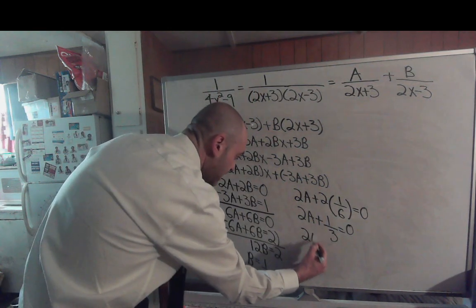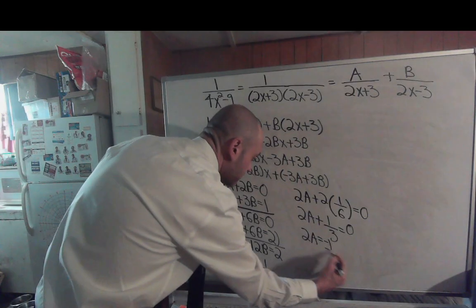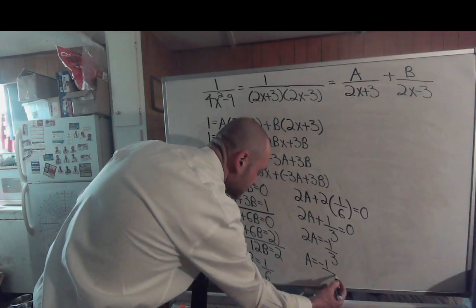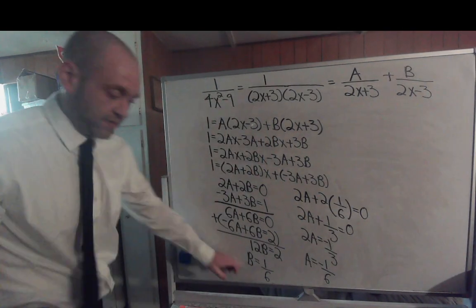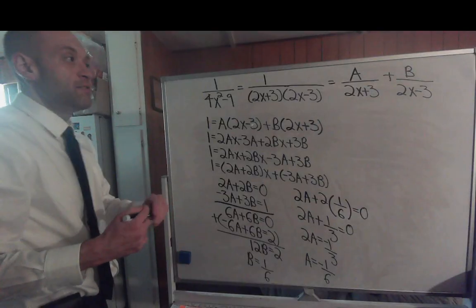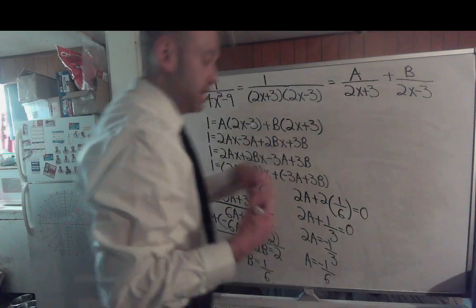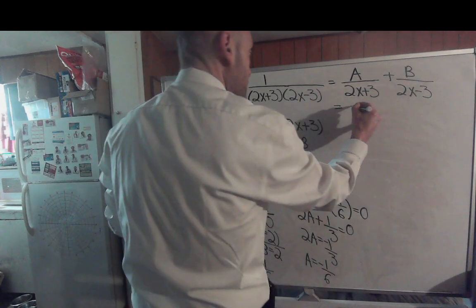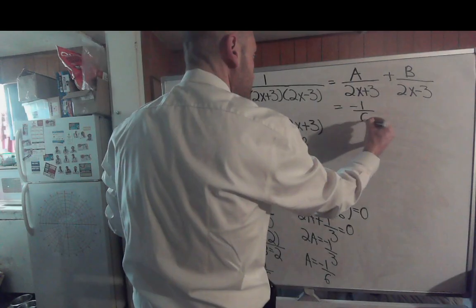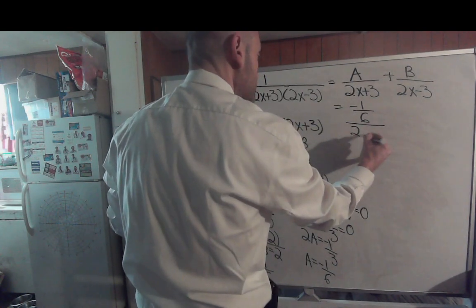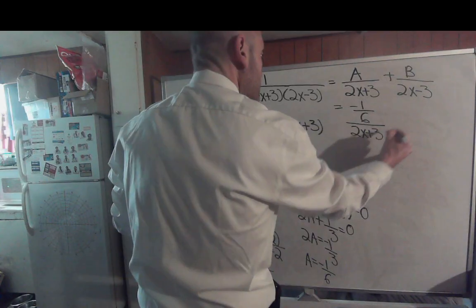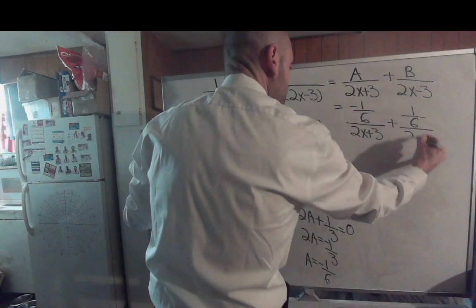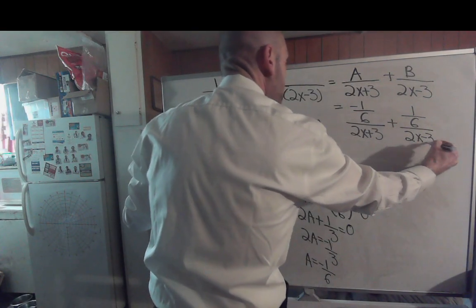So 2a equals negative 1/3, which means a equals negative 1/6. Now we have found both a and b. We have our partial fraction decomposition, which equals negative 1/6 over 2x plus 3 plus positive 1/6 over 2x minus 3.